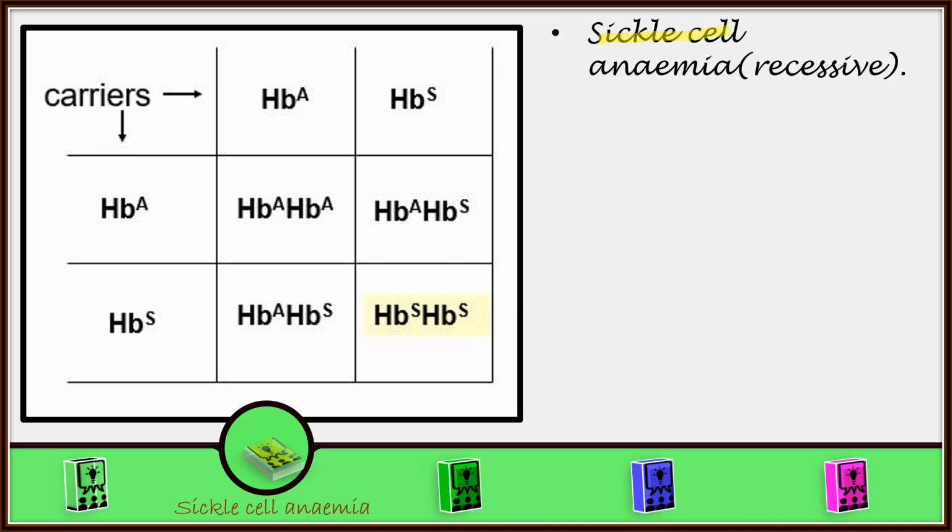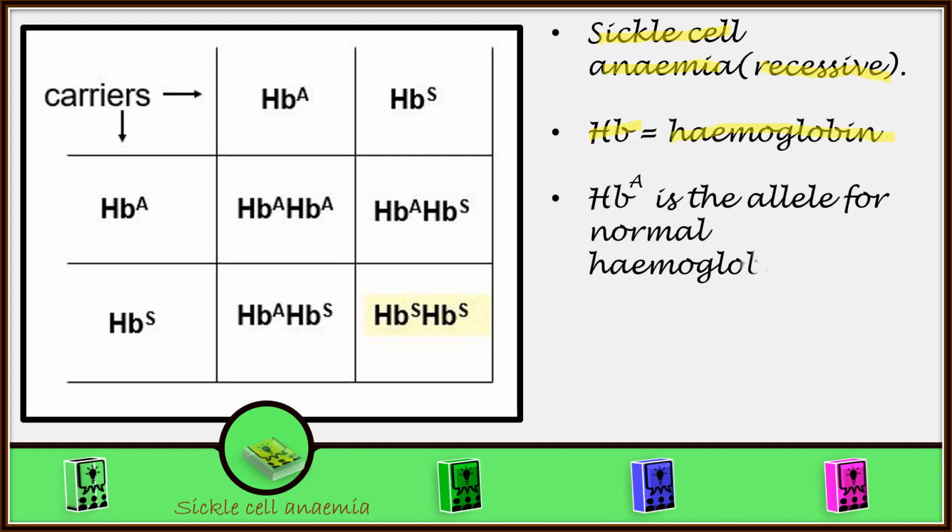Sickle cell anemia. This is also recessive. Hb represents hemoglobin. HbA is the allele for normal hemoglobin.